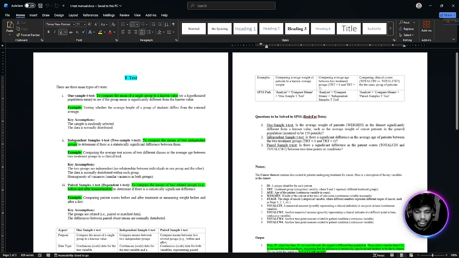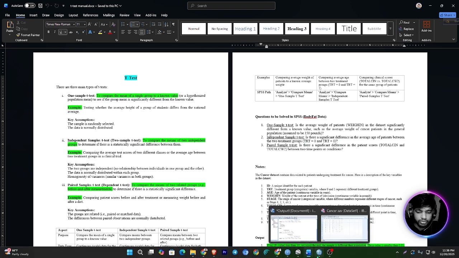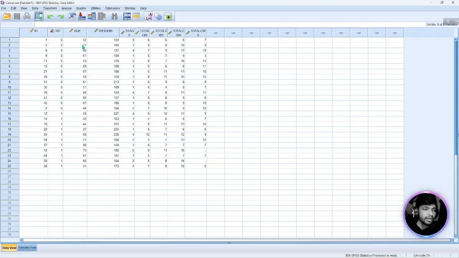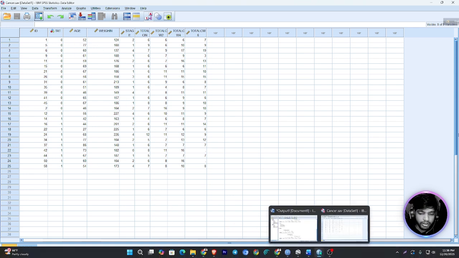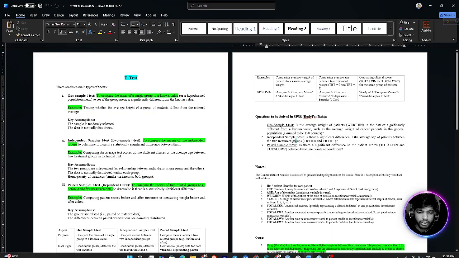That means TRT0 is one group and TRT1 is another group, and it asks whether there is any difference for age. That means one will be dependent. If I show the question again: is there any significant difference in average age between treatment groups? Okay, let's see.